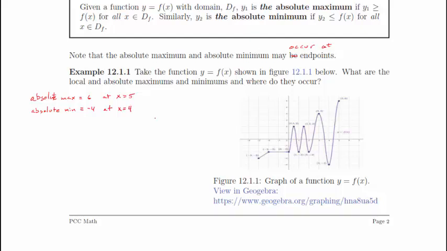So I'm not writing points here. Again, it's really important that we think of this when we're defining a function so that we can talk about some application. So given an input of time and then an output of, say, distance from something, if we want to say what's the farthest that our object ever gets from some starting point, then the distance is our absolute maximum, and it occurs at a certain time.